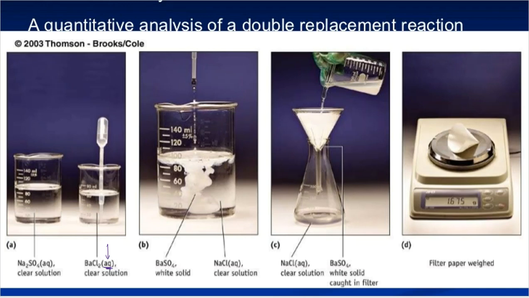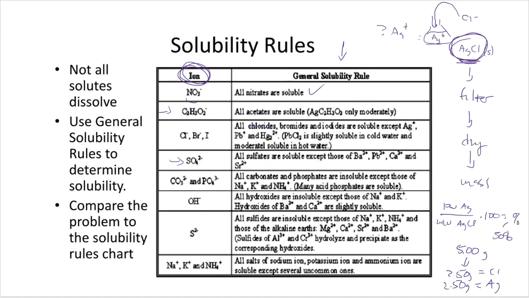All right, so I've got this barium chloride in that beaker, and I'm really interested in this barium. I want to know how much barium's actually there. Okay, well, how would I do this using gravimetric analysis? Well, I'll go back to the solubility rules and look. I can look at sulfate right here, and it says all sulfates are soluble.